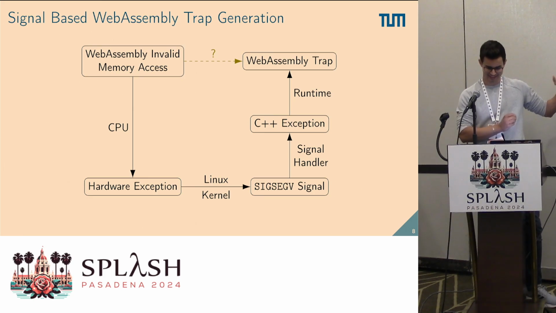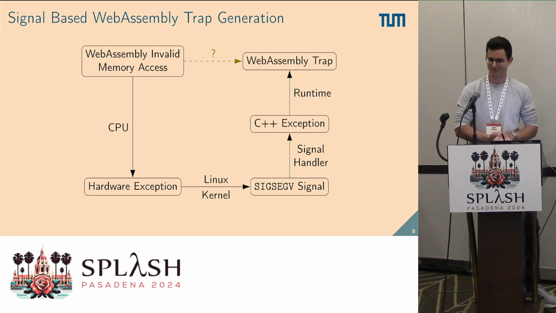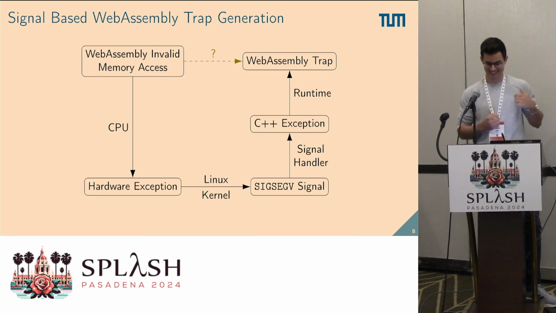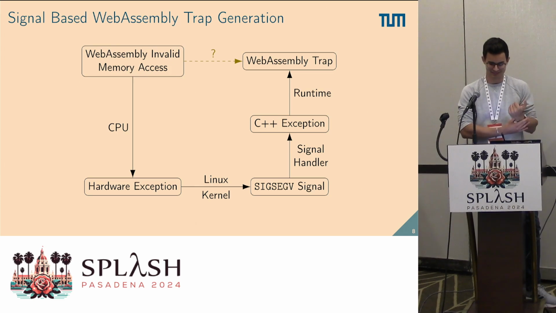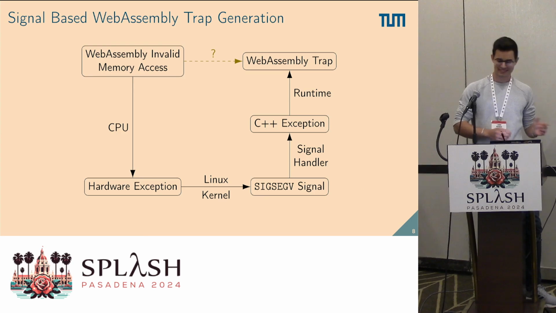From the signal handler, we can't just longjmp to some trap handler because we might have some resources open, so we need to call some C++ destructors. That's why we need to raise a C++ exception from the signal handler. This is not as easy as it sounds, because normally a signal handler is not a normal stack frame. You can't just unwind through this. But LLVM and GCC generate code to do this.